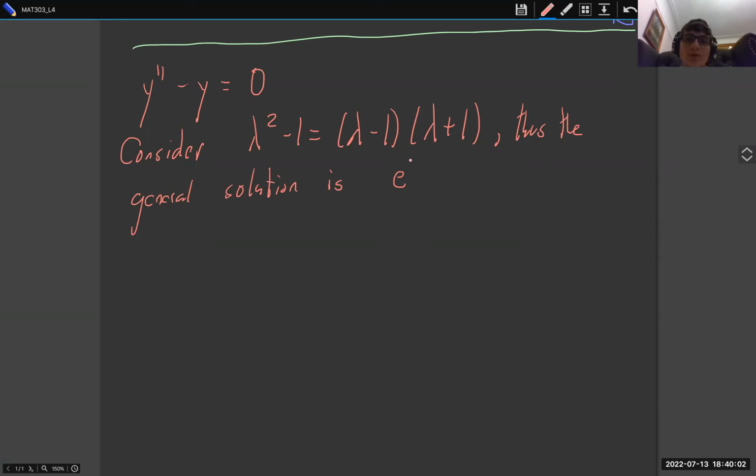Oh, so it's e to the minus x and e to plus x? Well, so it's going to be a linear combination. So we're going to write c e to the, now, you wrote this root first. This root is plus 1, right? So let's write plus 1 first, since that was the first factor. So that's c e to the x plus d, and now this is the root minus 1, e to the minus x, right?